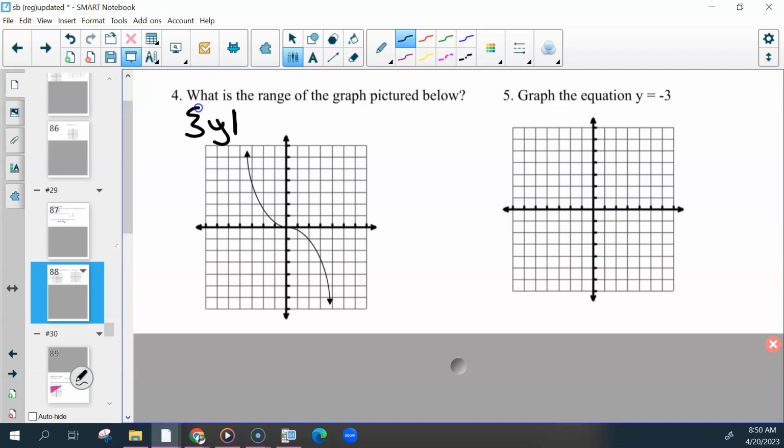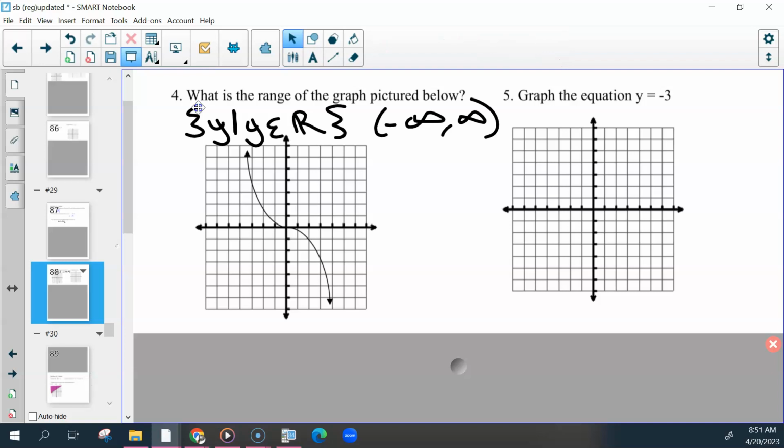You may not see interval notation on the SOL, which is fine. You could do either for me, but on the SOL, only set notation. So either or. Questions on that one?